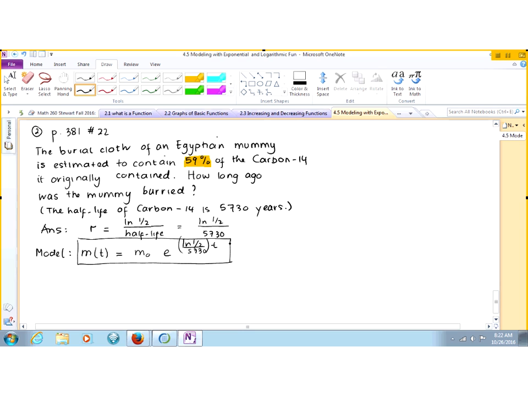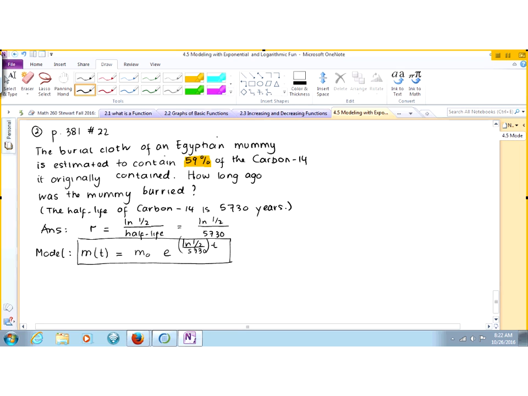So what does it say? The burial cloth of an Egyptian mummy is estimated to contain 59% of the carbon-14 it originally contained. How am I going to use it?